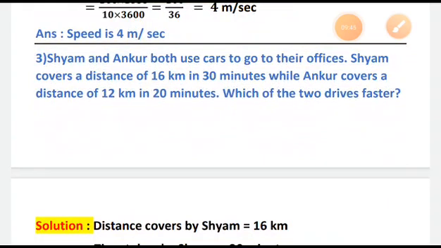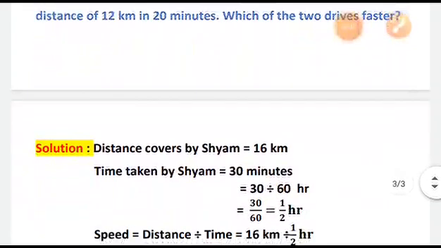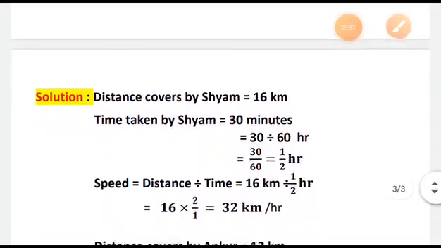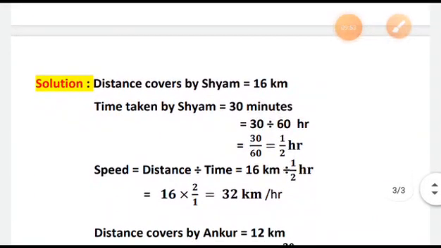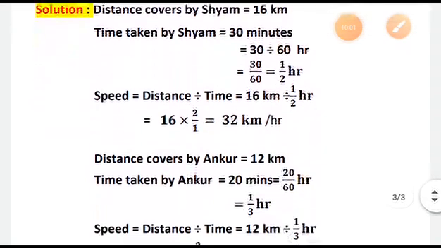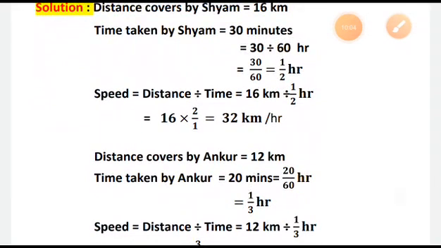So here the distance and time are given. In the first case, you will write the distance covered by Shyam, that is equal to 16 km. Time taken by Shyam, that is equal to 30 minutes. Now you need to have the speed in kilometer per hour, so for that reason you also need to have the time in hours and the distance in kilometers.